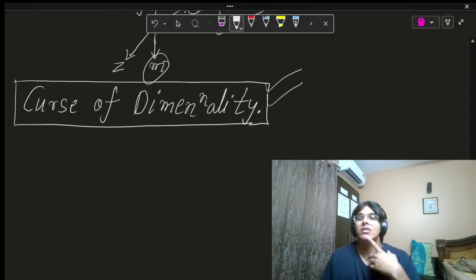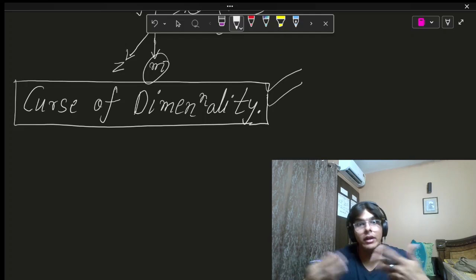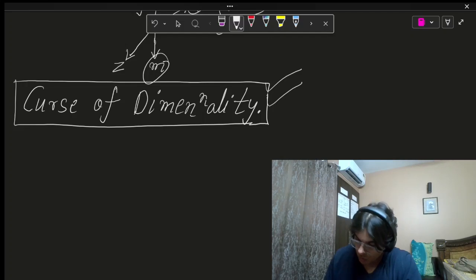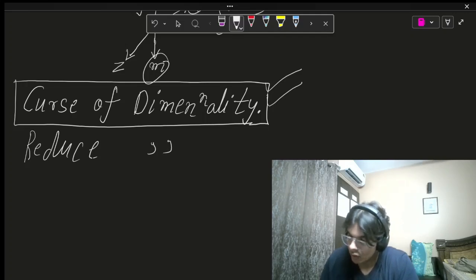Now we saw that increasing dimensions is causing all of these problems. So what do we do? Simple. Let's reduce the dimensions, which eventually brings us to our problem statement today, that we wanted to reduce dimensionality. Okay, so now, very important, why are we doing this?